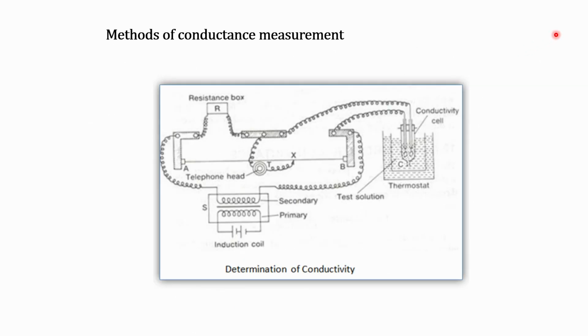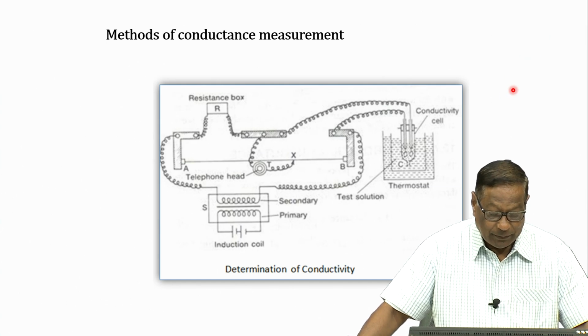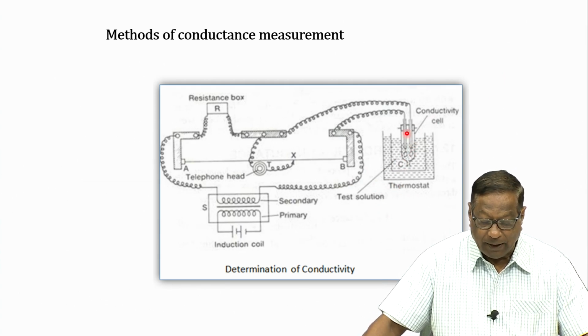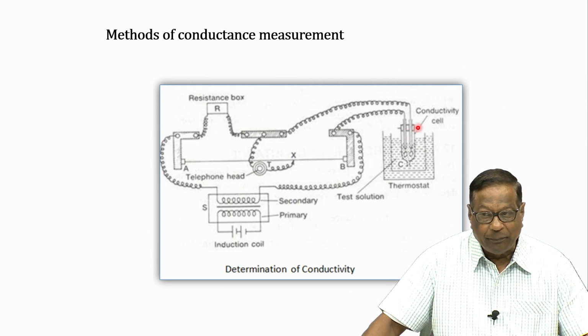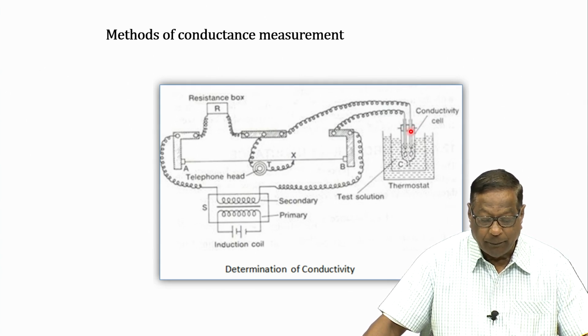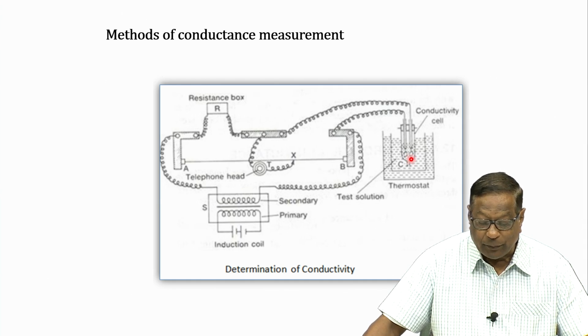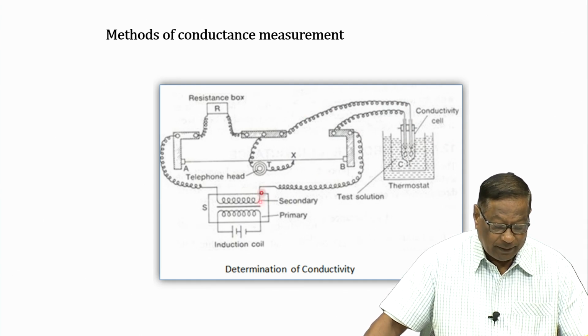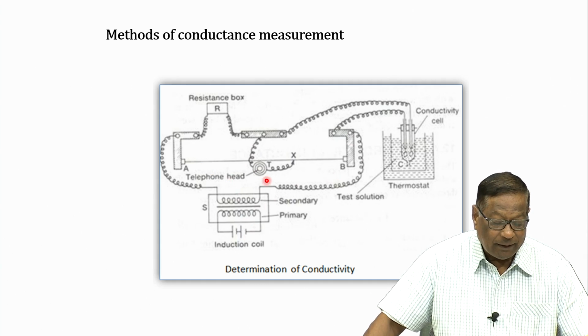So, how do we measure the conductance? It is a fairly simple system, and here I have a conductivity cell. Here there are two electrodes where my pointer is. Two small electrodes are connected to wires externally, and then connected to the induction coil and telephonic head.